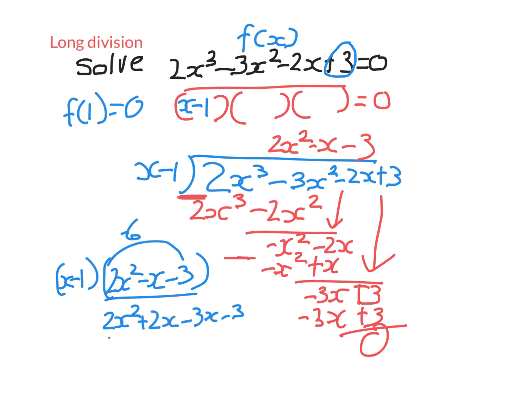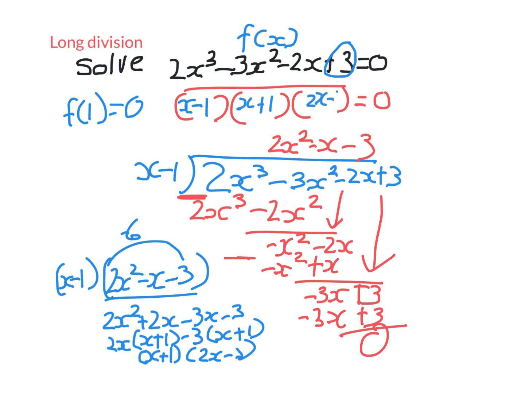We factorize the first two terms, we factorize the second two terms, and then we factorize again. The common factor is x plus 1, and in the other brackets is 2x minus 3. So that means the other two factors here are x plus 1 and 2x minus 3.